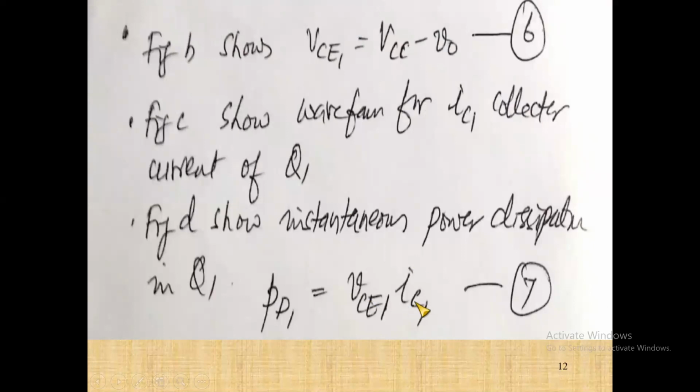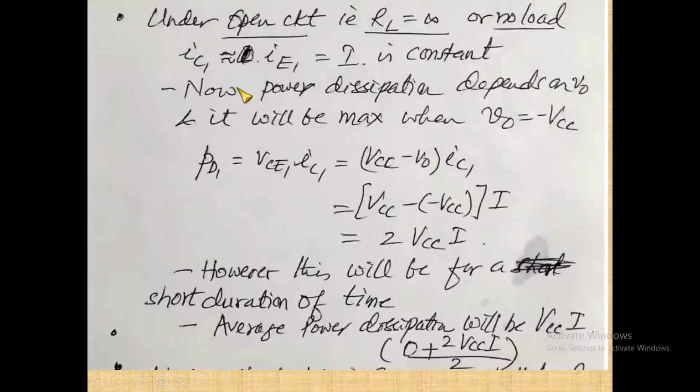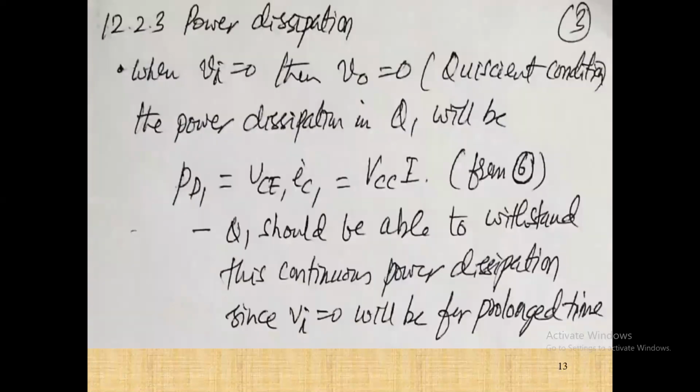The VCE value is known from here, and the IC value is known from here. So we can try to find out what is the maximum value possible. From this formula, we can find out the power dissipation which will occur in transistor Q1 most of the time, and sometimes Q2 also.